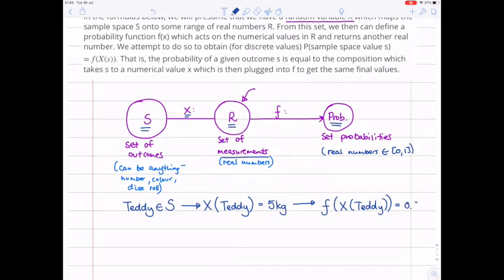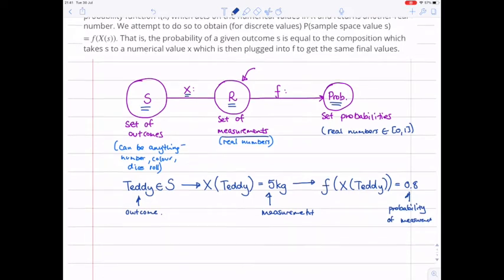Possibly something like quite a high probability. So that's what we're doing. So this is the measurement, and this is the probability of having achieved that particular measurement for this particular outcome.